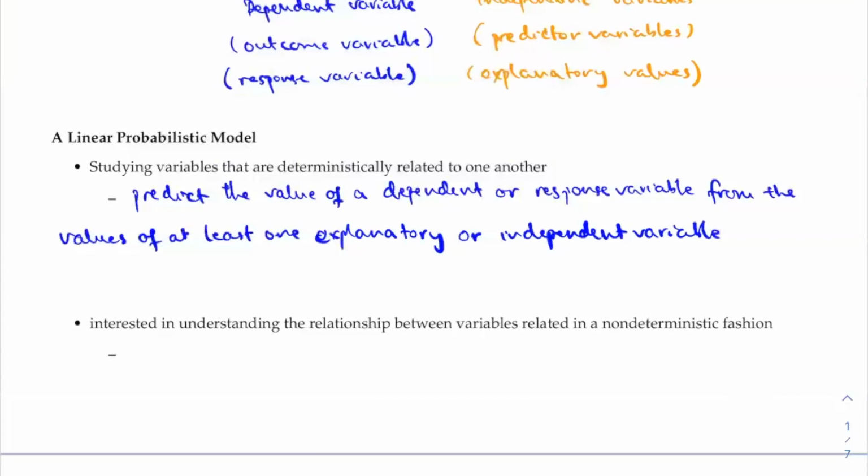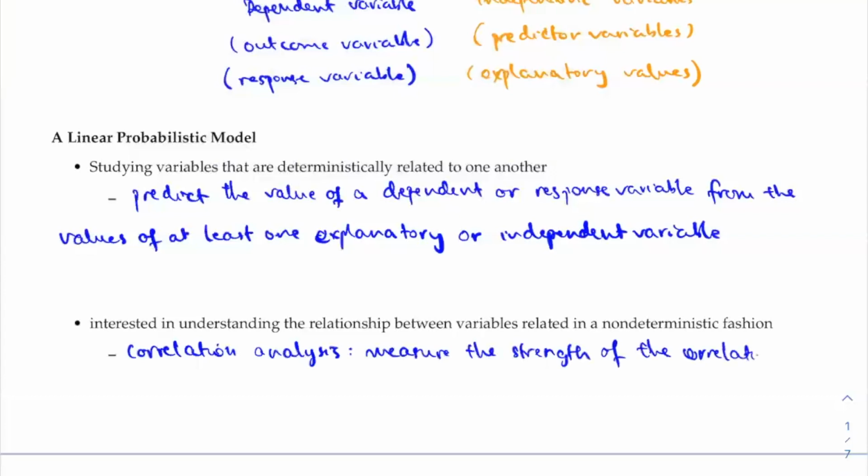In other words, we're interested in understanding the relationship between variables in a non-deterministic fashion. We want to estimate or calculate a number called the correlation coefficient, and that process is called correlation analysis. You want to somehow measure the strength of the correlation between two variables.